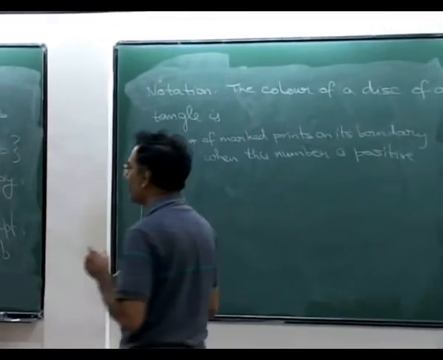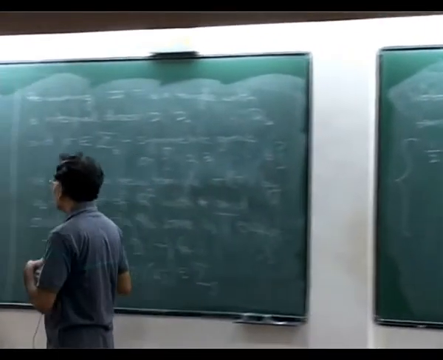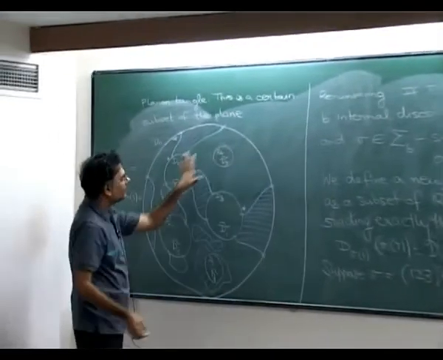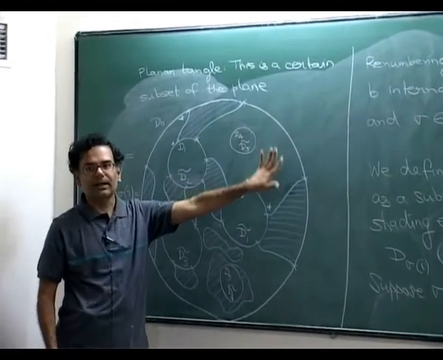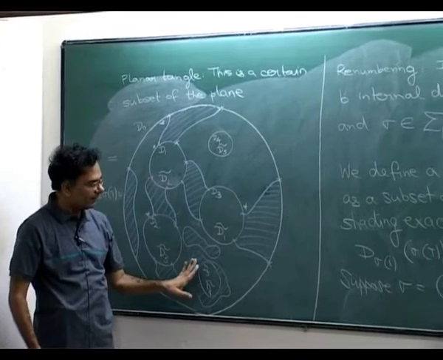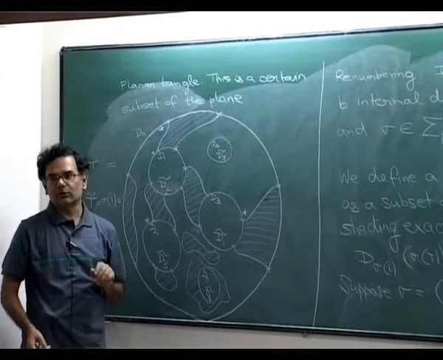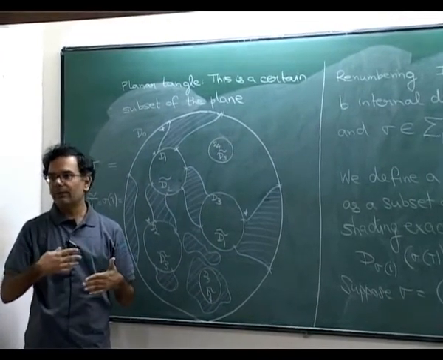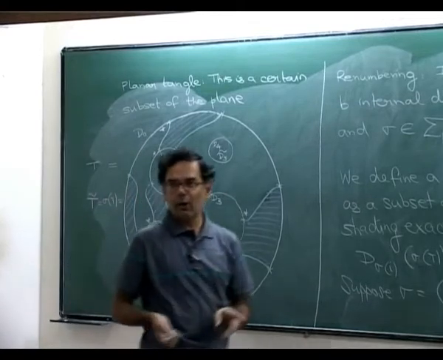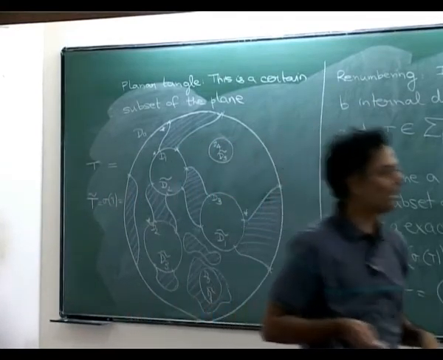But notice that there is a difference between D4 and D5. The difference is that D4 is lying inside a white region, whereas D5 is lying inside a black region. So we want to give different colors for D4 and D5. So 0 alone will come in 2 variations.